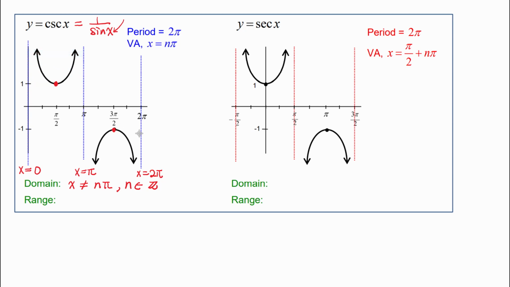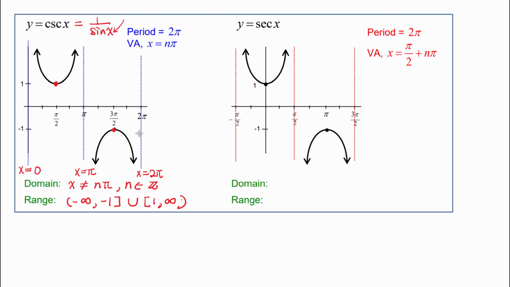And if you look at the second piece, the maximum value is negative 1, and it goes down, down, down, all the way down to negative infinity. So the range is parenthesis negative infinity to negative 1 bracket, since it is included, union, the second piece starts from positive 1 to positive infinity. So that's going to be the range.